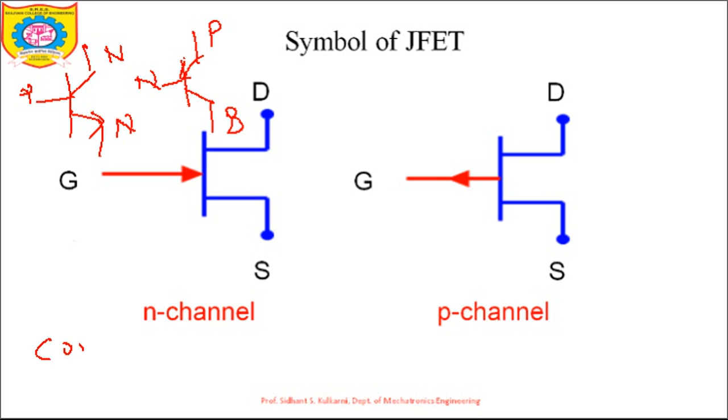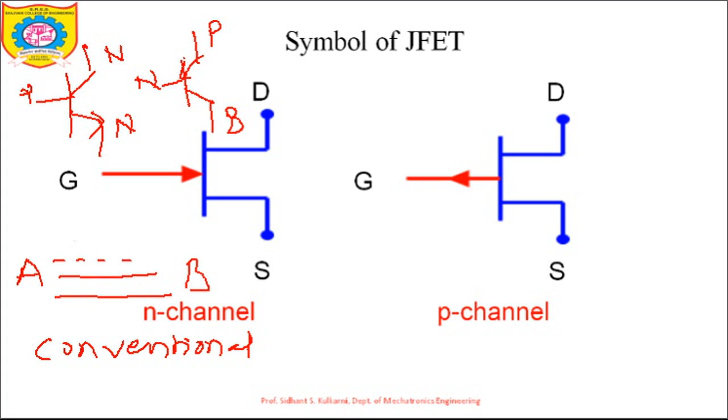What do we mean by conventional? Let's say there is a point A and a point B. If electrons flow from A to B, we assume the conventional direction of current flow is from B to A, opposite to the direction of electron flow. In the same way, the arrowhead in the transistor represents the direction of conventional current flow.